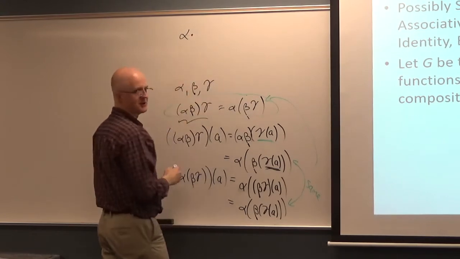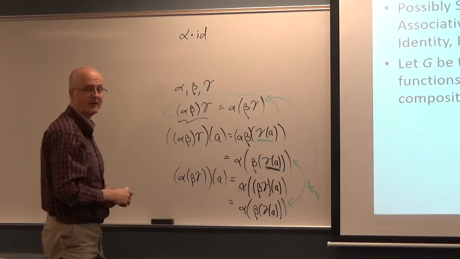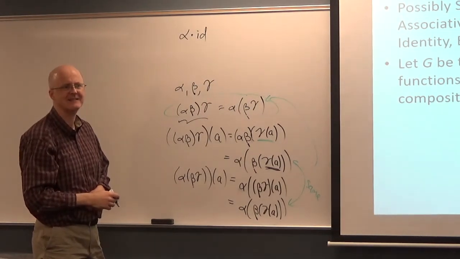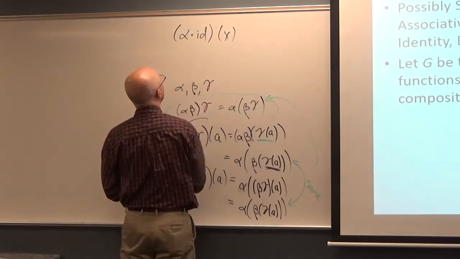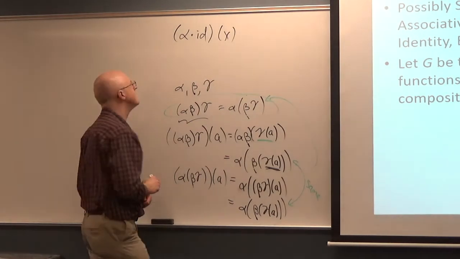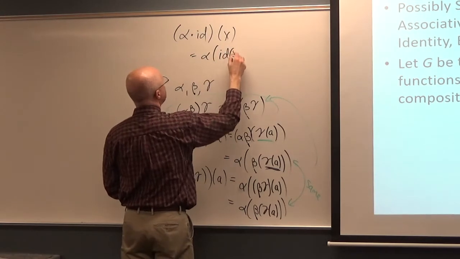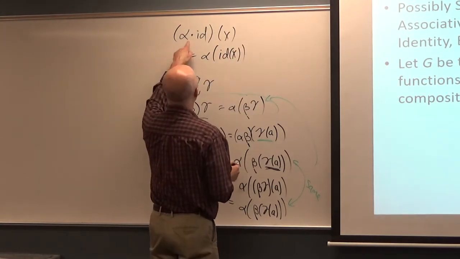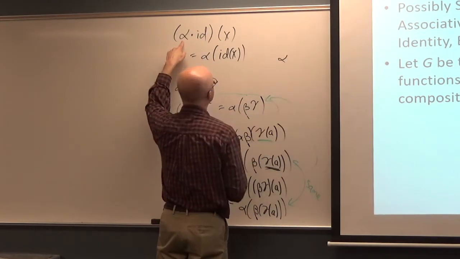Let me go ahead and use the circle here. That's function composition, binary operations. Maybe we should call it ID for identity. What would it mean for ID to be an identity function? It would mean that when I compose ID with an arbitrary function, I get that arbitrary function back.